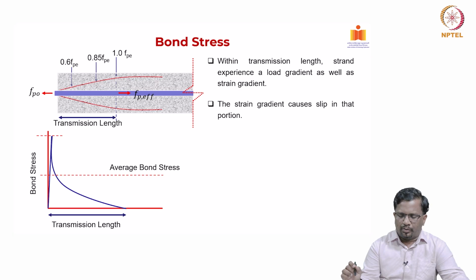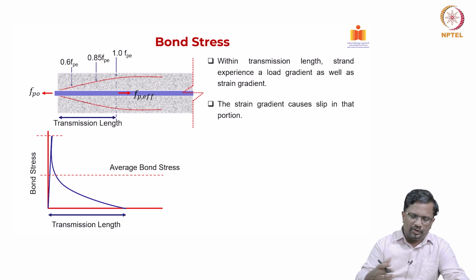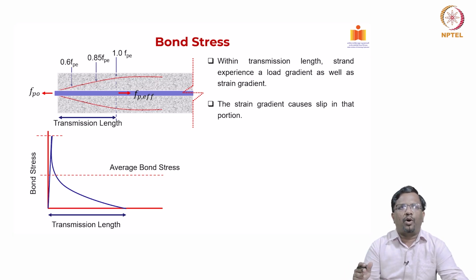Now, let us talk about how the bond stresses change within the transmission length. So, we have studied what the transmission length is. Now, within the transmission length, how are the bond stresses developing?